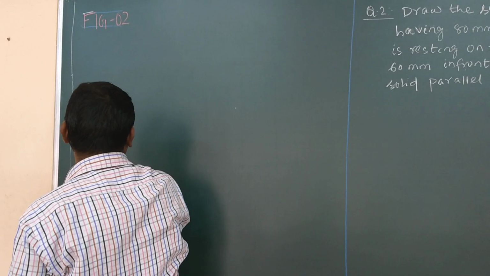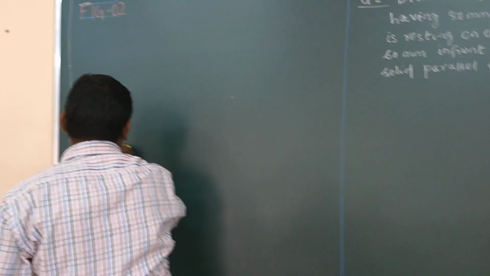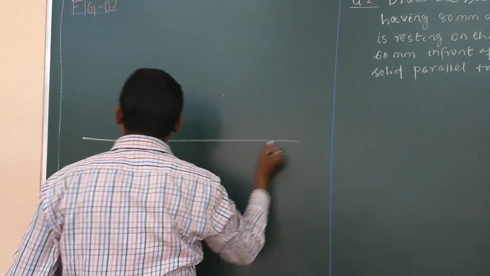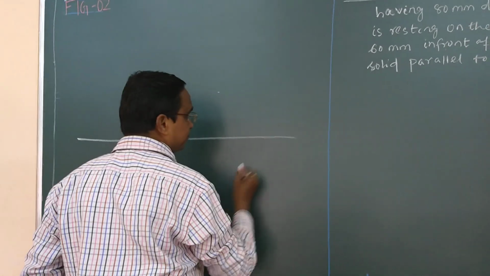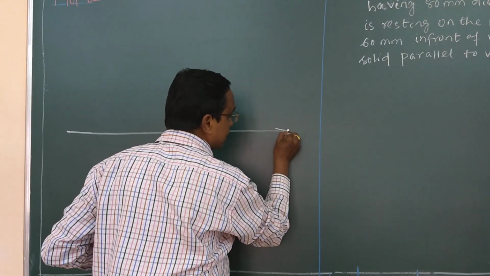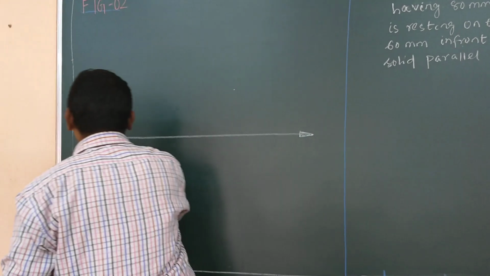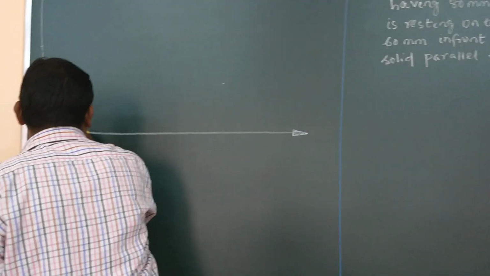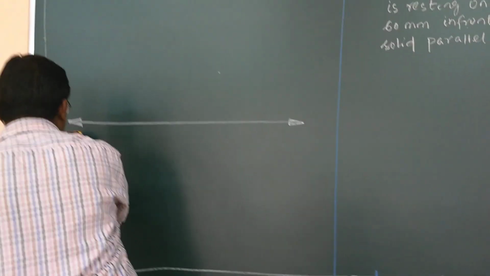Already you know you will use 2H pencil. And you take 50 mm left side gap and 50 mm right side gap. Draw the same arrowhead and write down XY. Small x, small y.